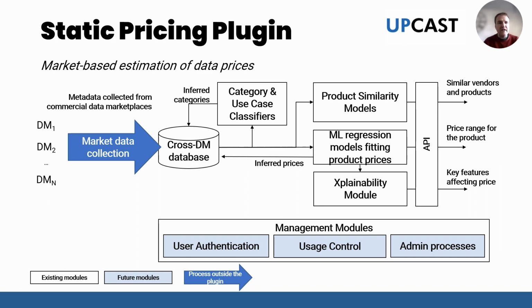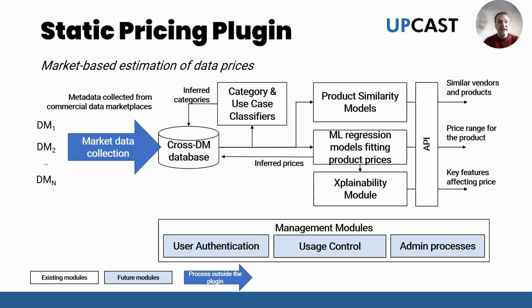Second slide. UPCAST static pricing tool aims to provide sellers and buyers with a hint of the market price of a dataset, taking as inputs its metadata features and based on market prices observed in already existing commercial marketplaces. It uses this information to train machine learning data product classifiers and price regressors.